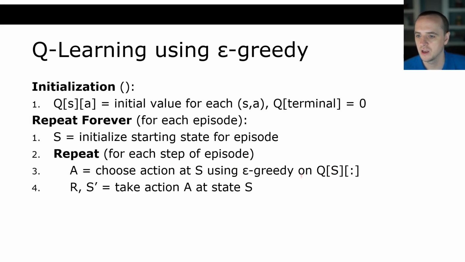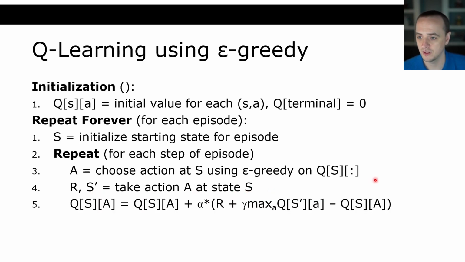Then we get a reward and a next state from taking action A at state S. Then we just implement the Q-Learning update rule. So our new value estimate for S, A is equal to the previous value estimate plus alpha times the reward that we got plus the value of the best action at the next state. And that's it. Then you set S equal to S prime, and that's literally it.